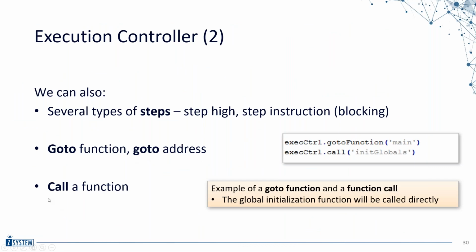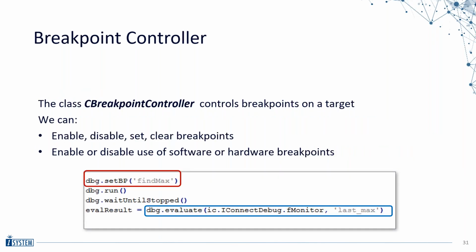We can also call a function directly. For instance, if you have void function that configures a certain driver, we can call it, or we can manipulate and prepare and push on the stack all the variables and then call the function completely out of context. This is possible with our execution controller.